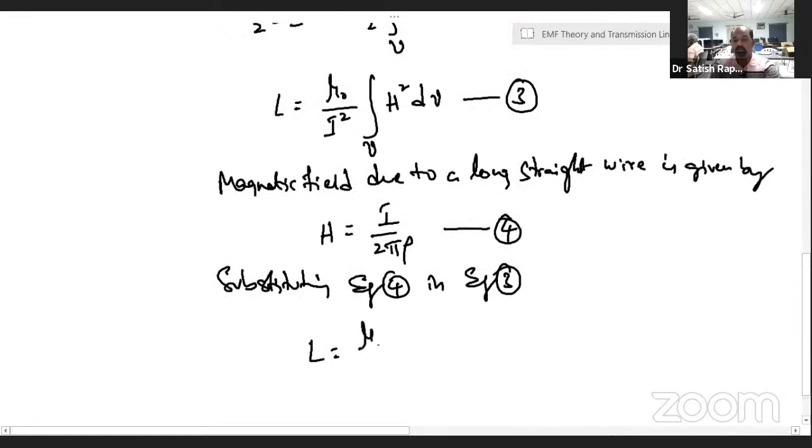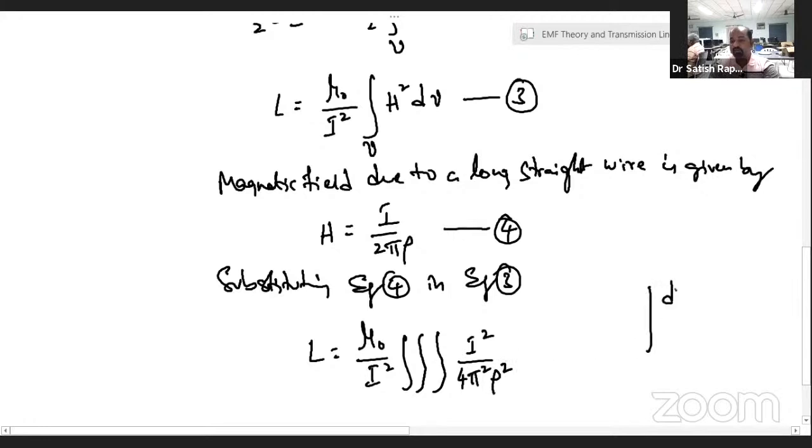L is equal to mu naught by I square volume integral, in the sense triple integral, of H square, which is I square by 4 pi square rho square, dV.